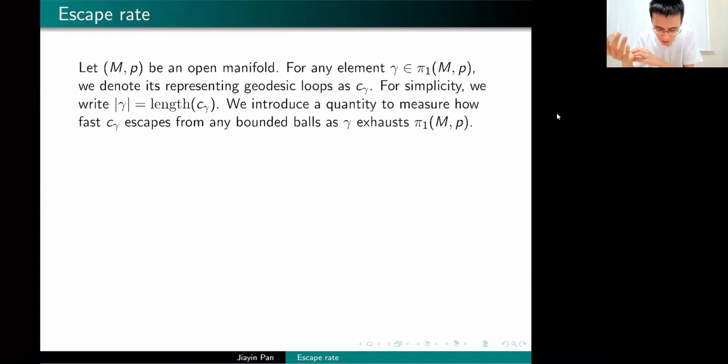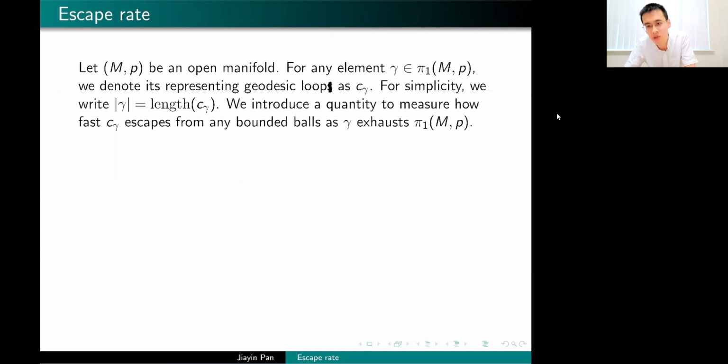So for any element gamma inside pi1(M,p), we denote by c_gamma the representing geodesic loop. For simplicity, we're going to write the norm of gamma as the length of this loop.